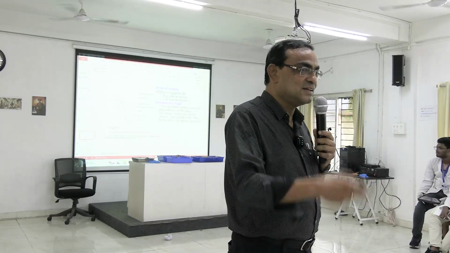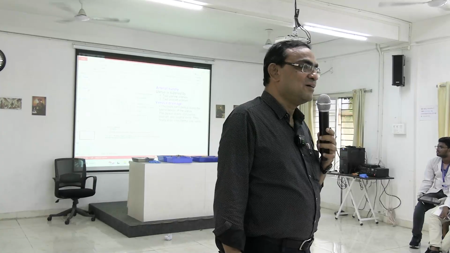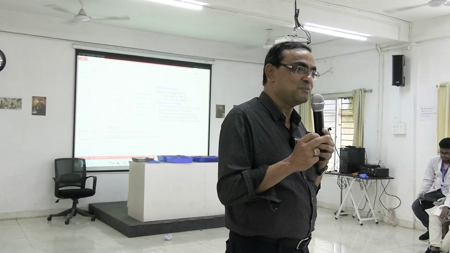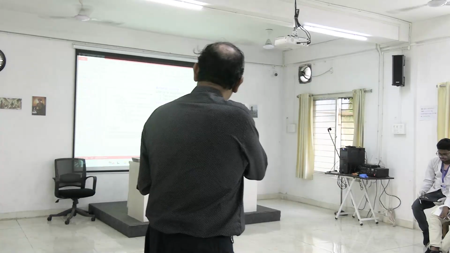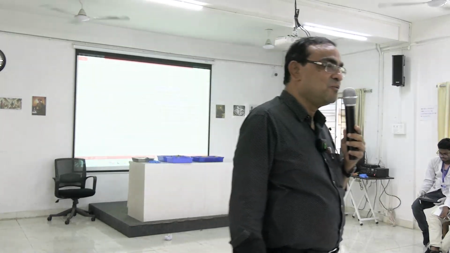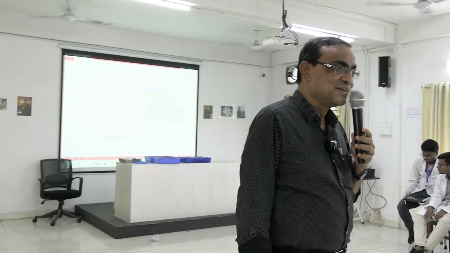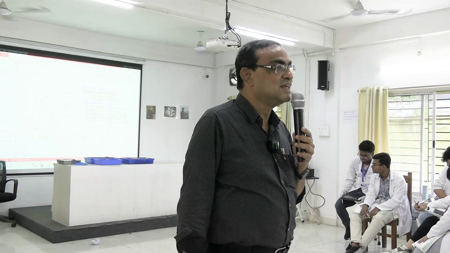If it is detected per-operatively, then there is a solution, because that ureter we can place directly within the urinary bladder. There is some surgery. But if we cannot detect it, there will be anuria or oliguria.